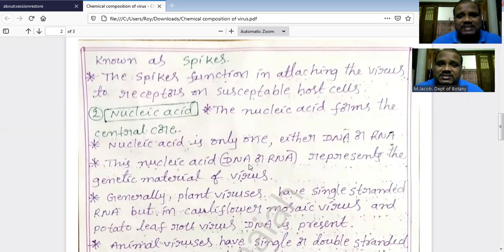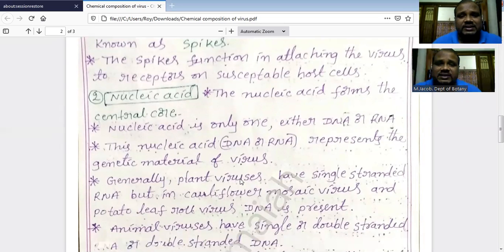The nucleic acid represents the genetic material of the virus. The important point is that the genetic material of a virus is either DNA or RNA. Generally, plant viruses have single-stranded RNA.